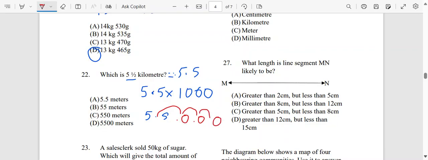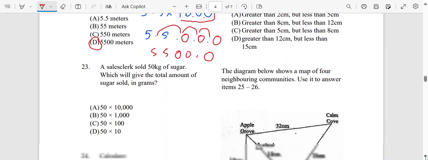So if you notice, it is now 5500.0. We moved 3 times because when we multiply by 1,000, it's 3 places: 1, 2, 3. So of course 5500, which is D, is our answer.